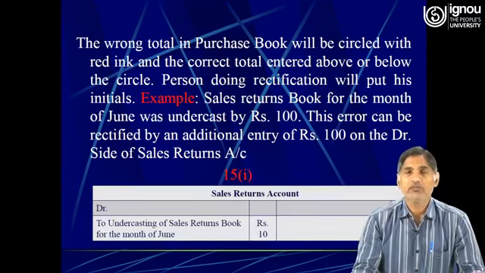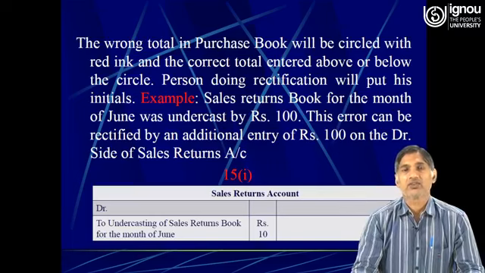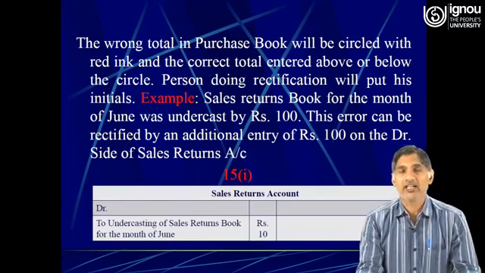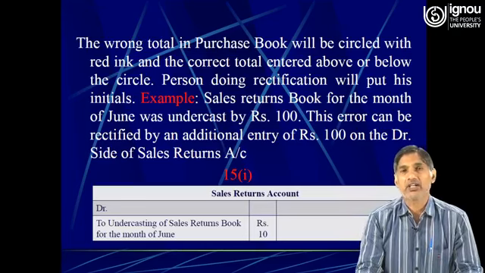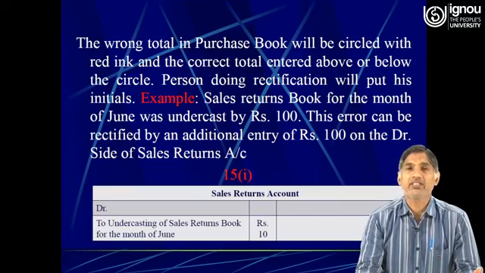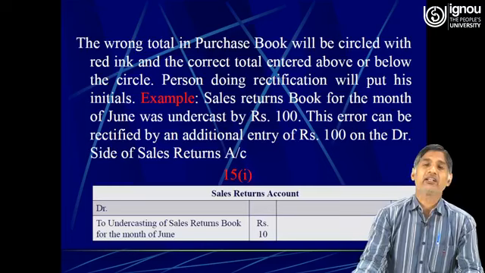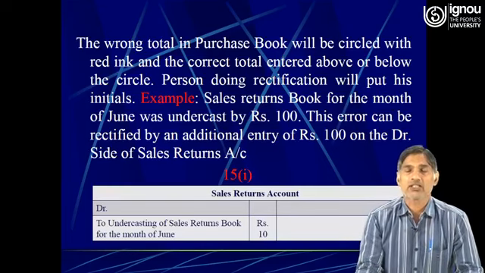So here we need to understand the sales return journal entry. So dear friends, when we make a sale to our customer, generally we make the journal entry cash account debit to sales if the sale has been made on cash basis, and if the sale has been made on credit basis, then we debit the customer's account.